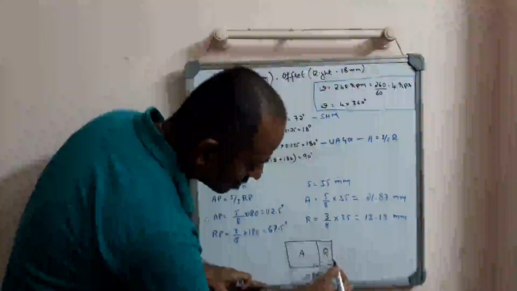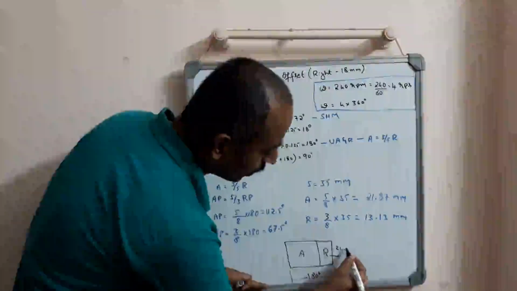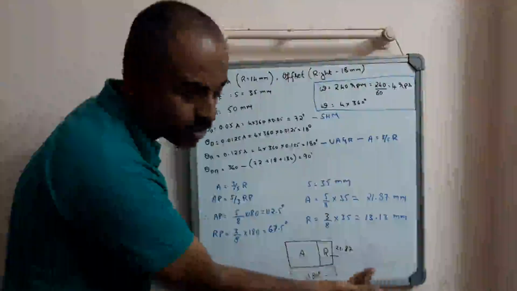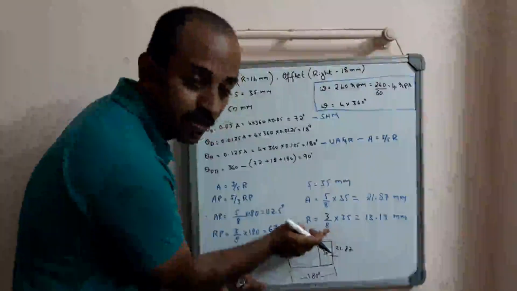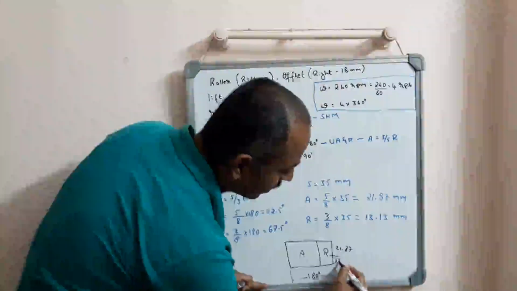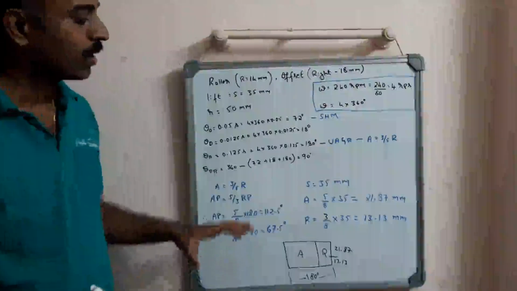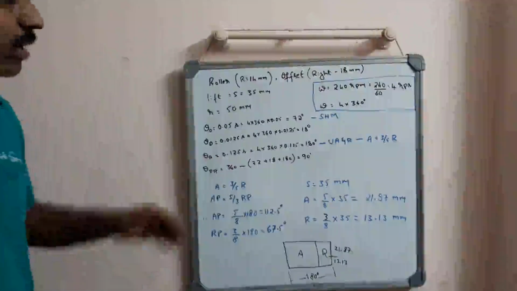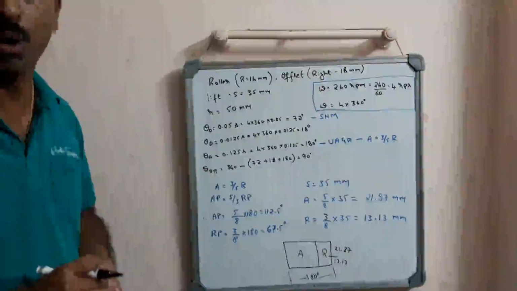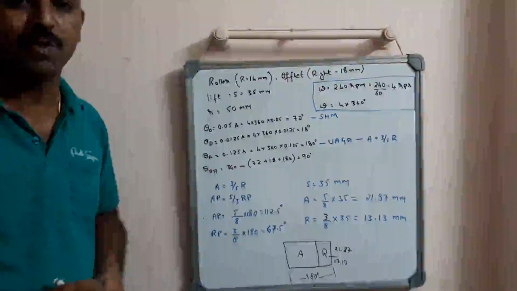That is, out of this 35 mm, 21.87 mm is for acceleration during return stroke. The upper portion is for acceleration and the lower portion is for retardation. That is 13.13 mm is for retardation. Like this, we need to write down the given data and make some conversions accordingly, and then using this data we will draw the displacement diagram.